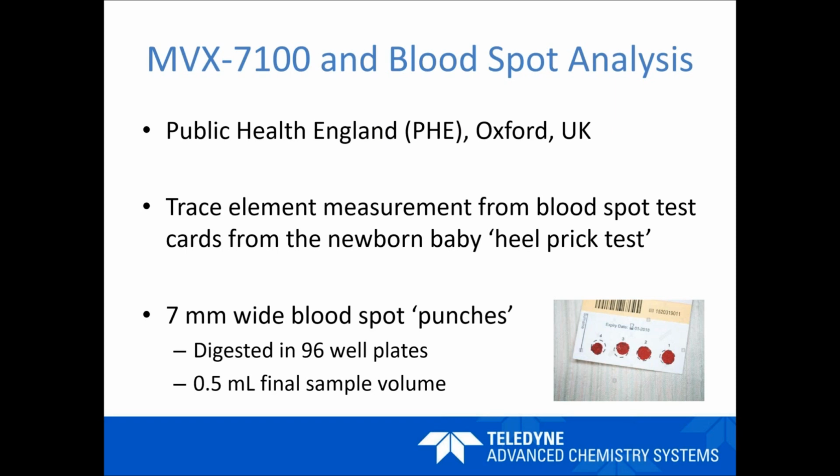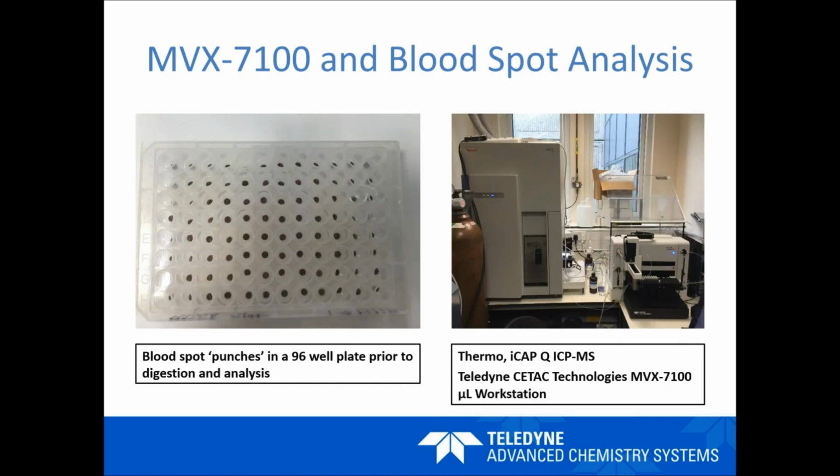He's been taking a punch from the cards that contain the bloods and digesting these punches in 96 well plates, and he ends up with about 0.5 milliliter of sample volume. To get the most out of the analysis, he's been using the MVX. So just a shot here: on the left-hand side are his punches in a 96 well plate, and on the right he's been doing his analysis.